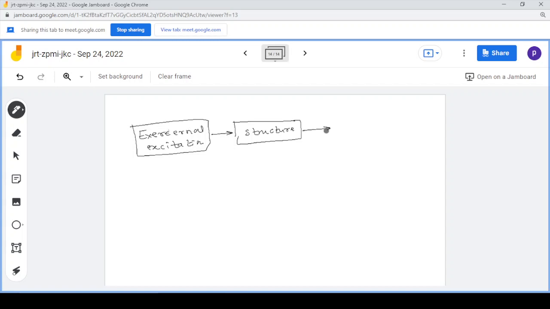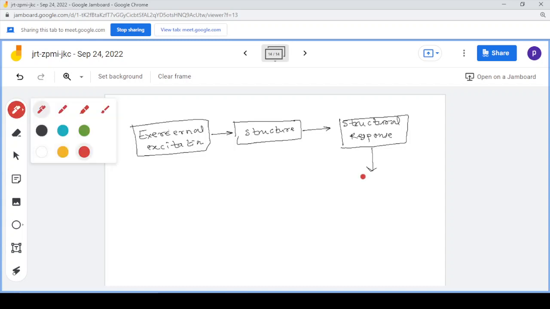So we get the structural response. Okay. Now what we wanted to do, we wanted to measure the structural response. How we can measure? With the help of the sensors. So we are using the sensors to measure the response, right?